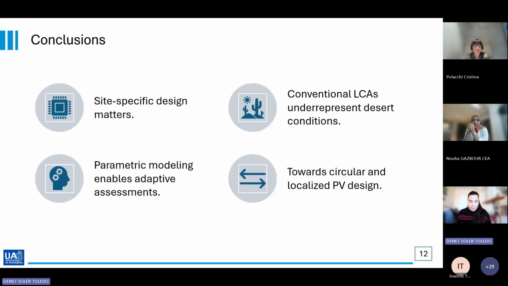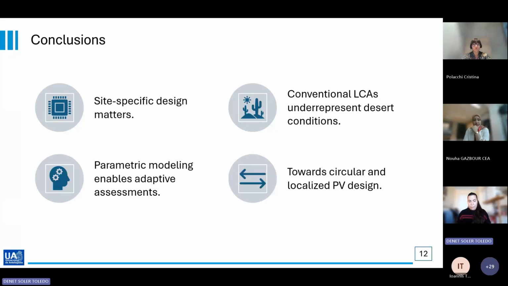Third, parametric modeling enables adaptive assessment by integrating environmental and design parameters, lifetime and cleaning frequencies, and seeing how these decisions affect the overall footprint.